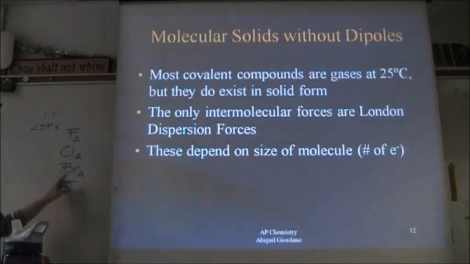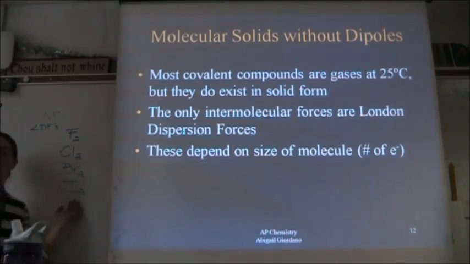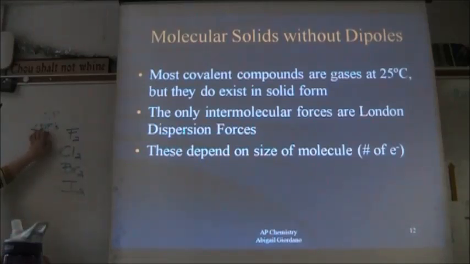Compared to fluorine, iodine is much greater in size. It has a much greater molar mass. It has a much greater number of electrons. It's very polarizable. Which means, yes, it has LDFs only, but its LDFs are a little stronger than this guy's LDFs. Strong enough that he's solid at room temperature where he is a gas.